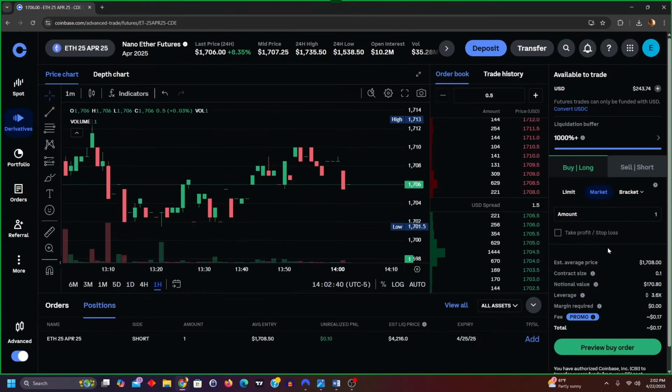You can see, let's see here, this is the April 25th expiring contract, so that's just in a few days, and Coinbase can auto roll it for you, although I would advise some caution with that feature. We've been burnt by that before, selling at the very low and then buying high for the next month contract.